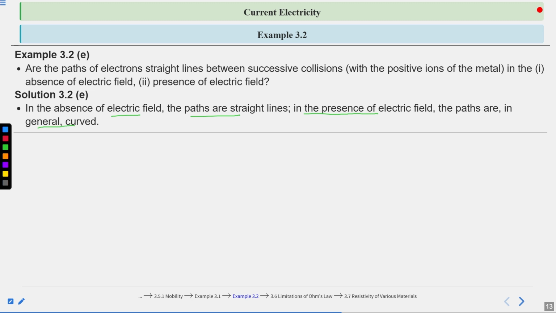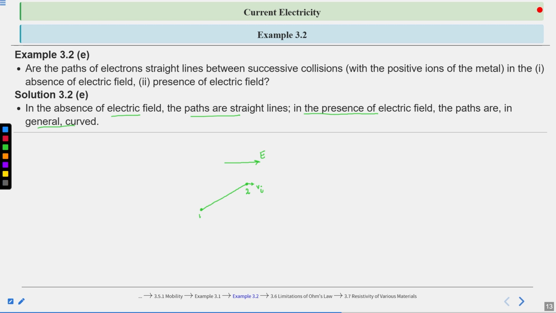Why curved? Because I have told you in the previous lecture that here the first collision happened, here the second collision happened. Just after the second collision, its random velocity, small vi, is in this direction, but we have applied the electric field horizontally in the forward direction.